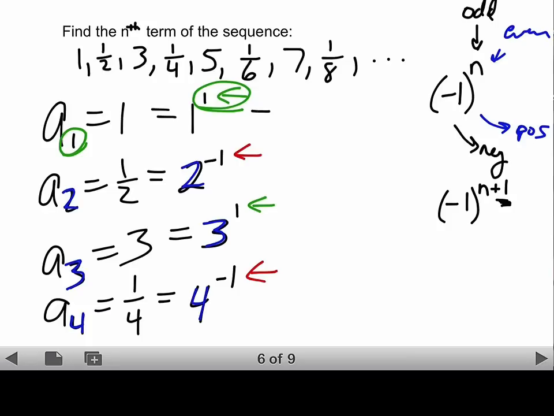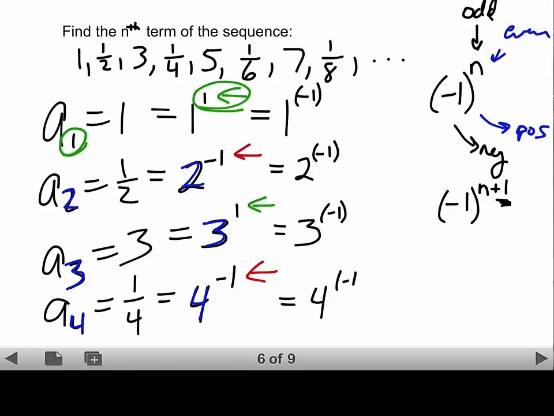So what I want to do is write down the base to a negative 1 power, with that negative 1 power being either positive or negative as a result, depending on what the index is. So I'm writing down 1 to the negative 1, 2 to the negative 1, 3 to the negative 1, and 4 to the negative 1.